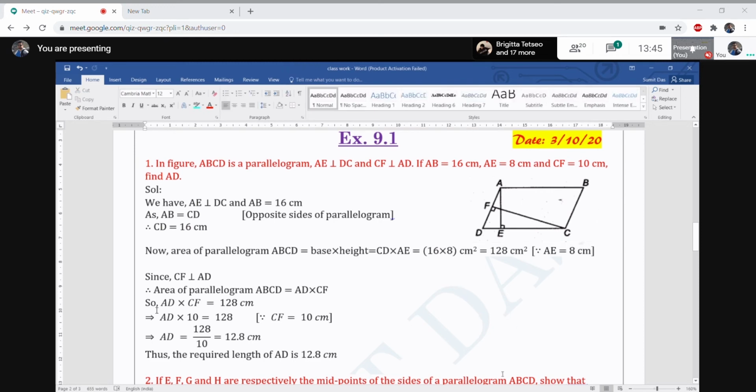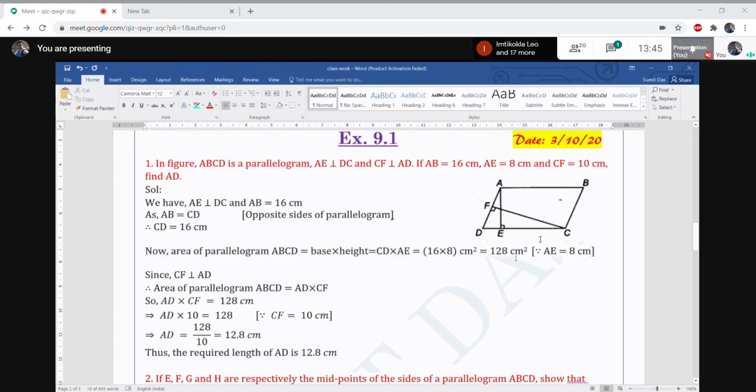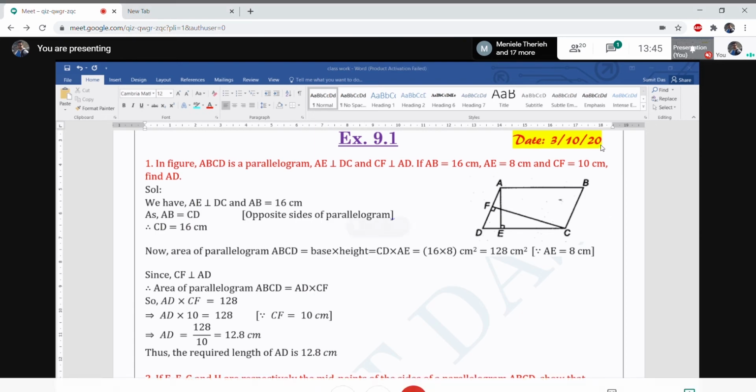We already got the area of the parallelogram as 128 centimeter square. So we'll write here AD into CF equal to 128.